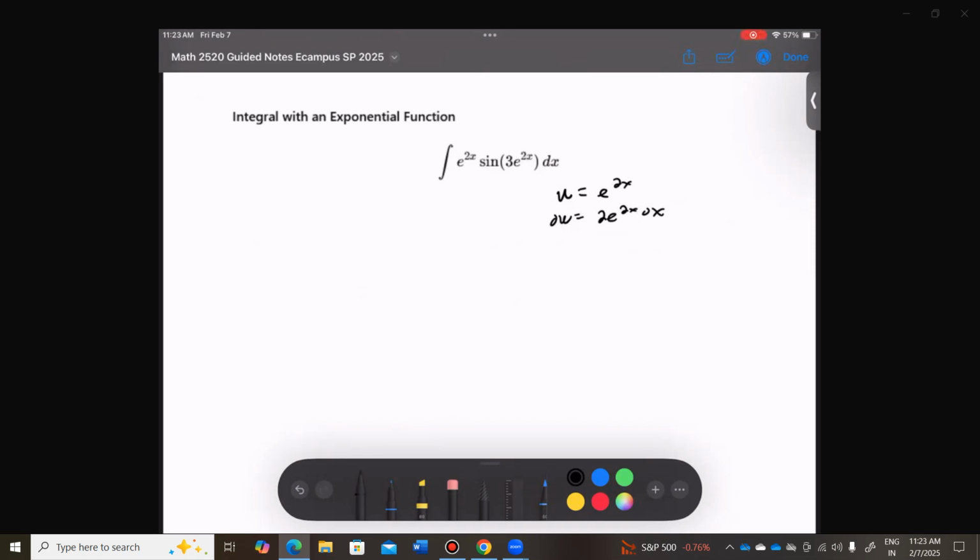And so du over 2 is e to the 2x dx. And so this integral becomes 1/2 sine of 3u, which I have to remember to include that 3, and then du.